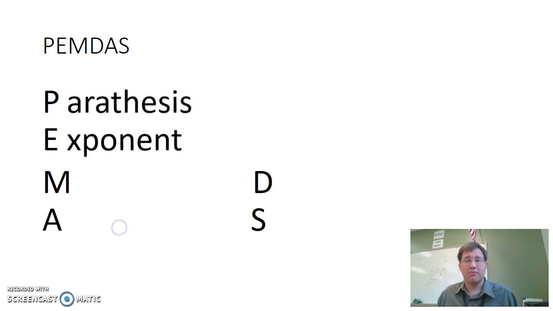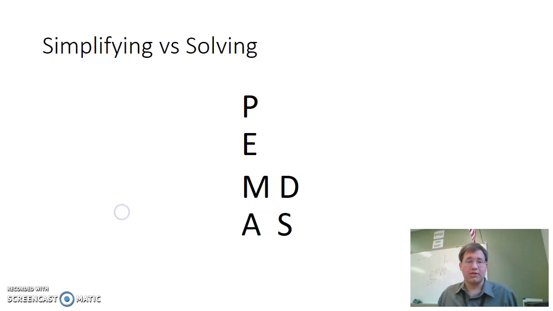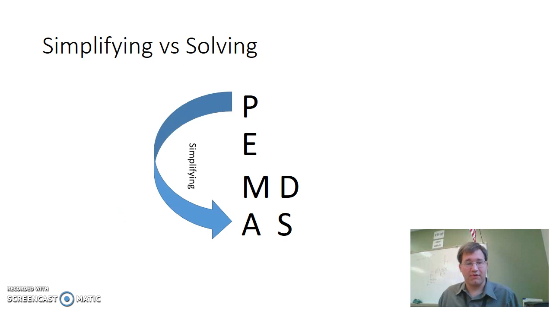So we have parentheses, exponents, standing for the P and the E. The M and the D and the A and the S stand for multiplication, division, which is on the same level, and addition and subtraction, which is on the next level. The way that we were taught this is that you go down PEMDAS in order to simplify anything. So you would resolve anything that's in parentheses first, then proceed to exponents, then multiplication, division, then addition, subtraction.